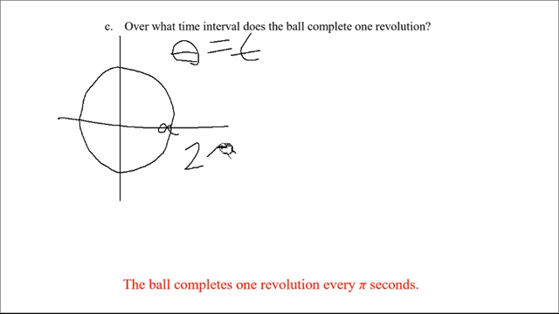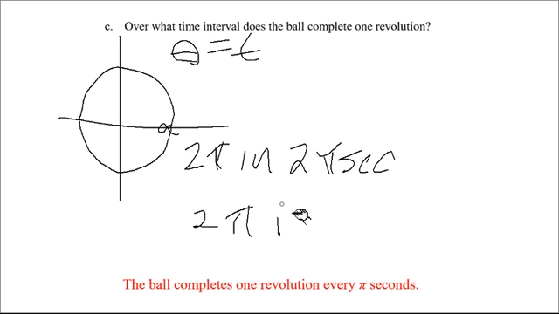We said 2 pi took 2 pi seconds. So now we are going to complete a complete revolution, we're going to complete 2 pi in half the time. So instead of 2 pi seconds, we are going to complete 2 pi in pi seconds, half the time.